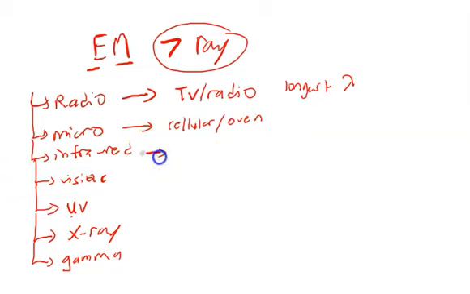For infrared, I have explained just now, it is for the sensors. Visible light for the photosynthesis, and how I can see you and you can see others. We are using visible light. UV is to detect fake notes. Sometimes they are using it for agriculture purposes.